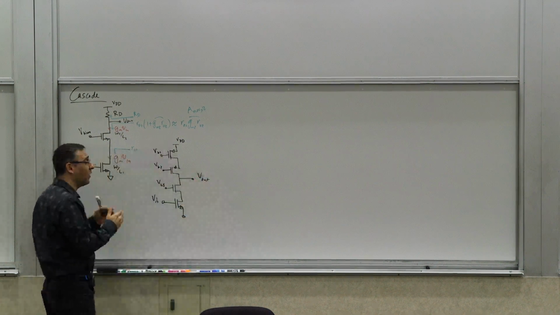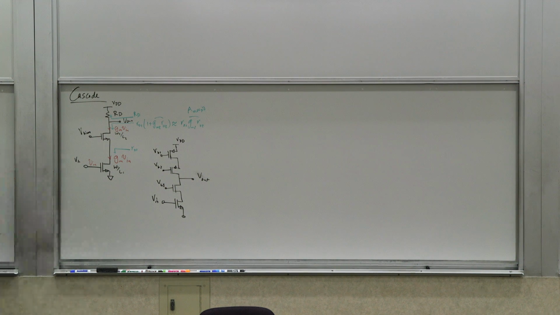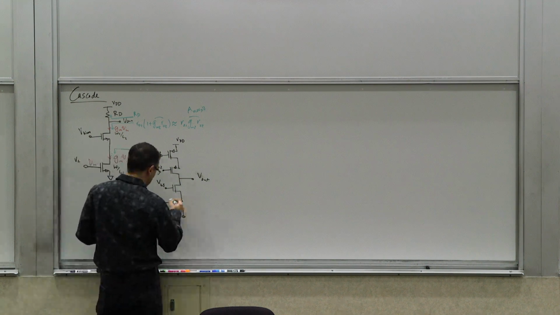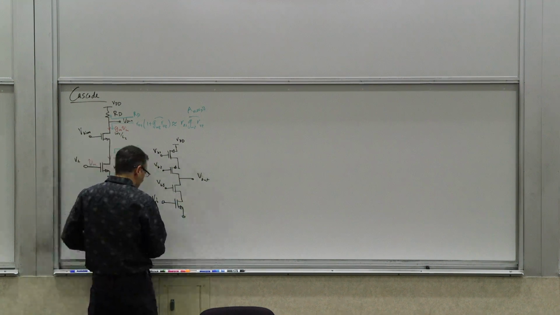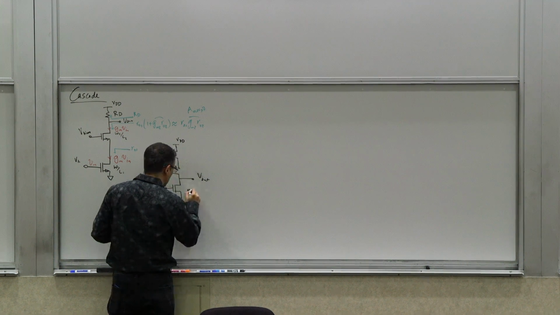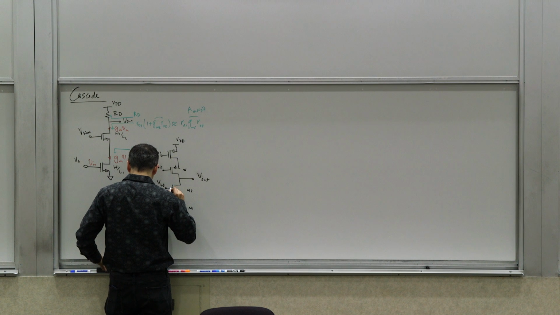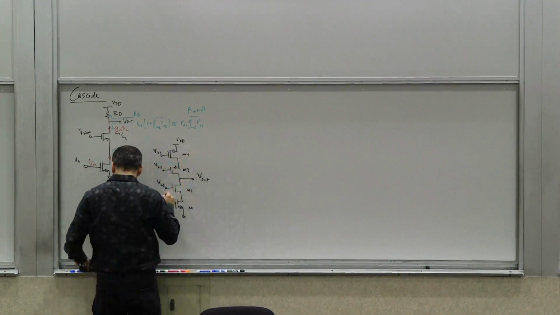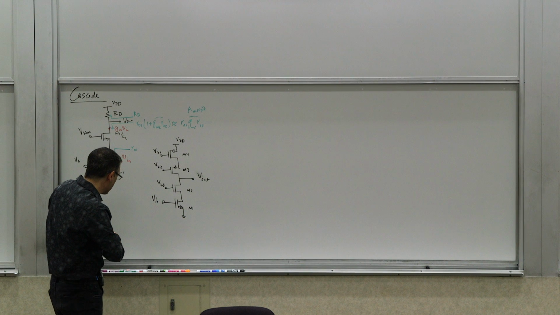All these devices need to remain in pinch-off, which is the requirement for the small signal model we use to hold. If you're in the triode region, then you have a resistor model for the channel, which we have also derived before. So let's call these M1, M2, M3, and M4.